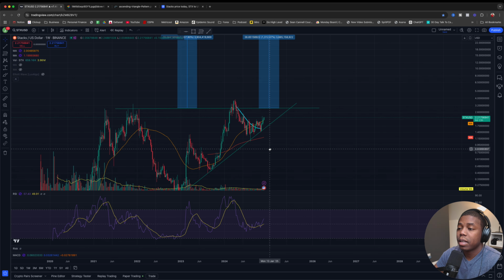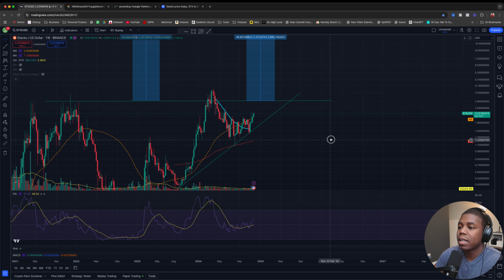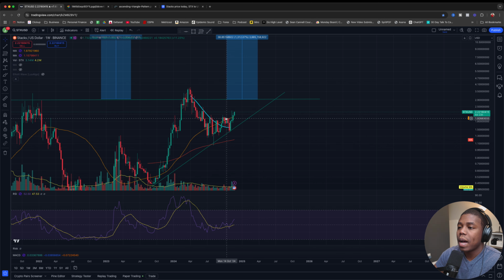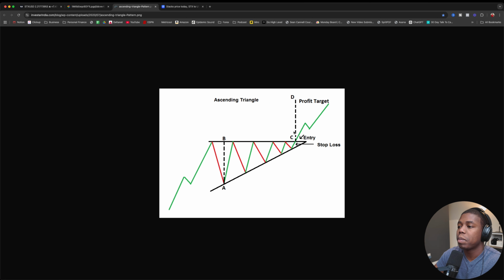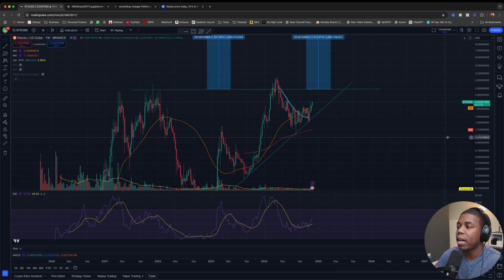So to share what I'm doing, I actually have been buying into stacks slowly throughout the last couple of weeks. And I think I'm going to continue dollar cost averaging, especially with this bullish engulfing candle, and just looking at where we could expect price to go if it breaks the upside and that resistance, and knowing that we should have, and we got that handle, that small pullback in the cup and handle pattern.